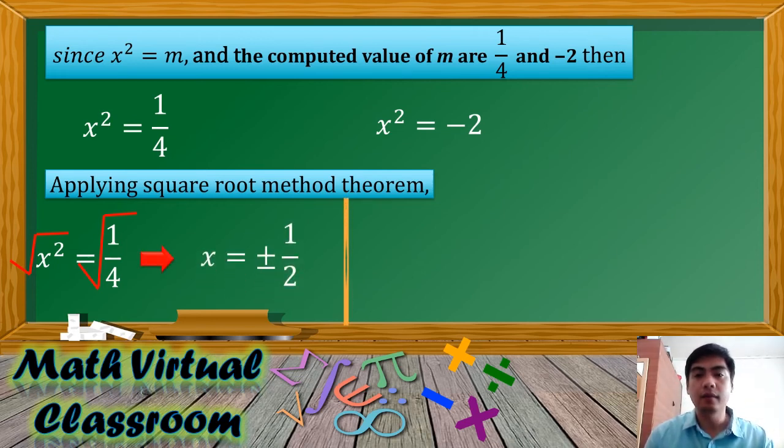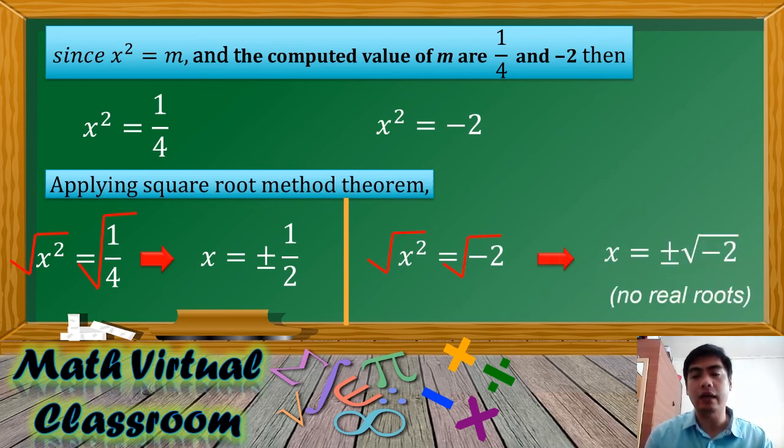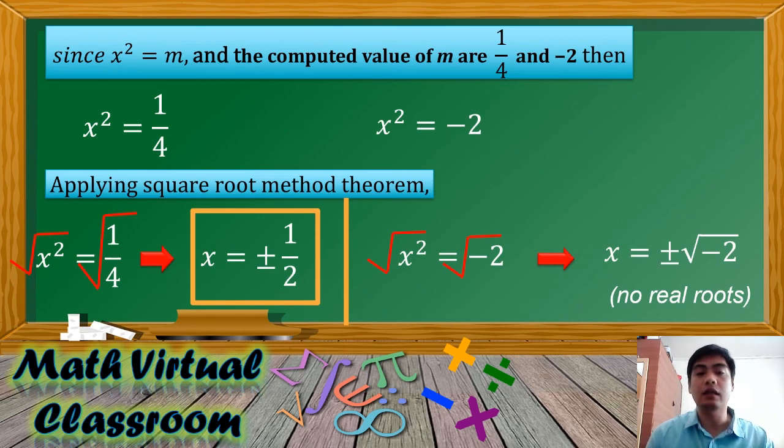On the other hand, we do the same method. We get the square root on both sides. Square root of x squared is x. But take note that we do not have a negative root. So no real roots for the value of -2. Therefore, we use positive and negative 1/2 as the roots of the given equation.